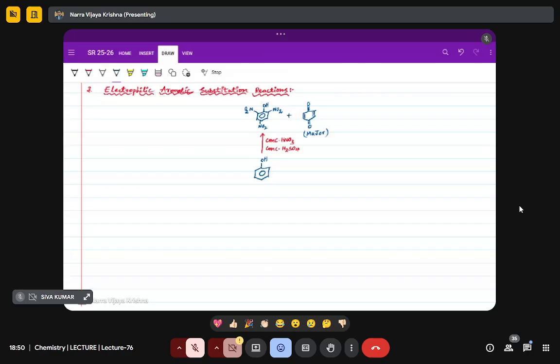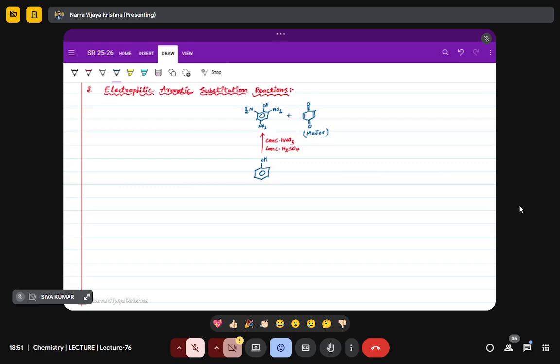So along with nitration, oxidation also happens. So the oxidation product becomes major rather than the nitration product. If you want nitration as the major product, then I have to use N2O5. N2O5 will act as NO2 plus and NO3 minus. Now NO2 plus will go and attack over benzene.